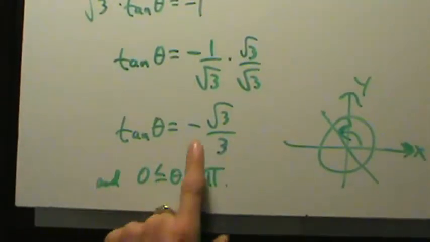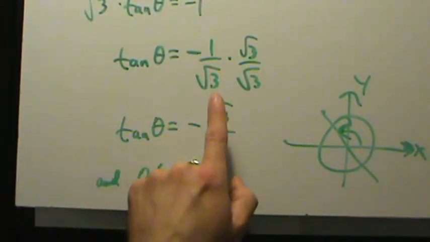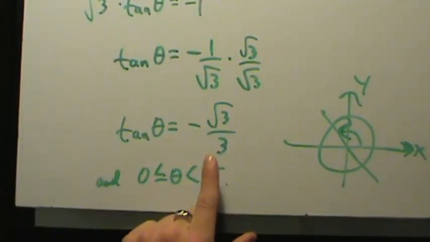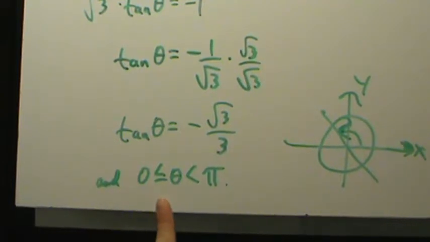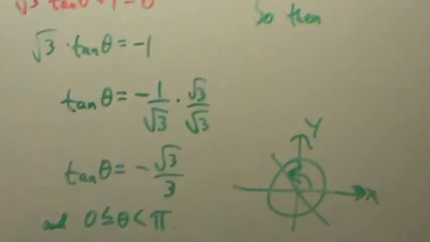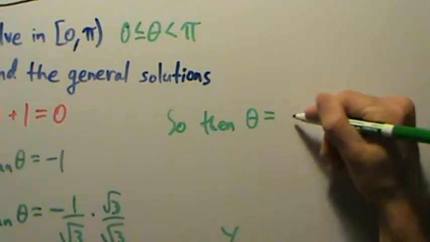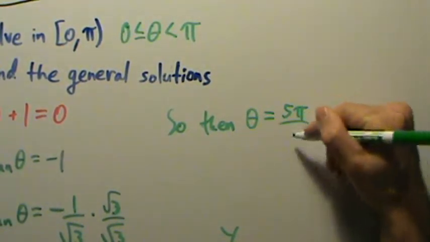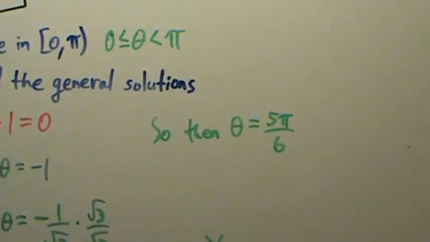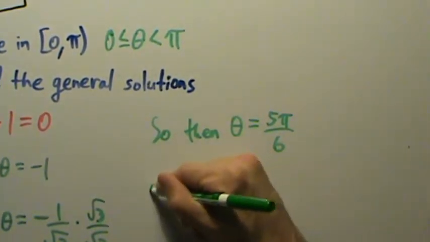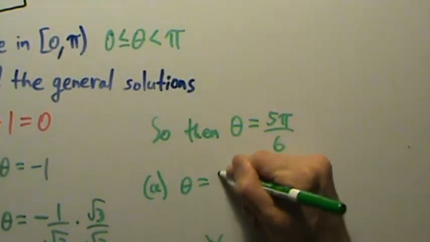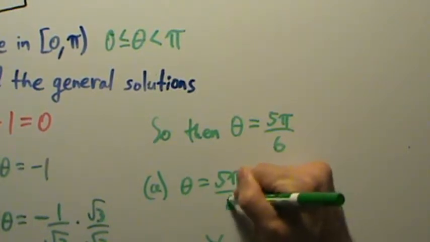So tangent of theta is -root 3 over 3, or -1 over root 3, however you can think about it. And 0 is less than or equal to theta is strictly less than pi. So then directly from the unit circle, we have theta equals 5 pi over 6. Okay. And that's our answer for part A. So for part A, theta equals 5 pi over 6.